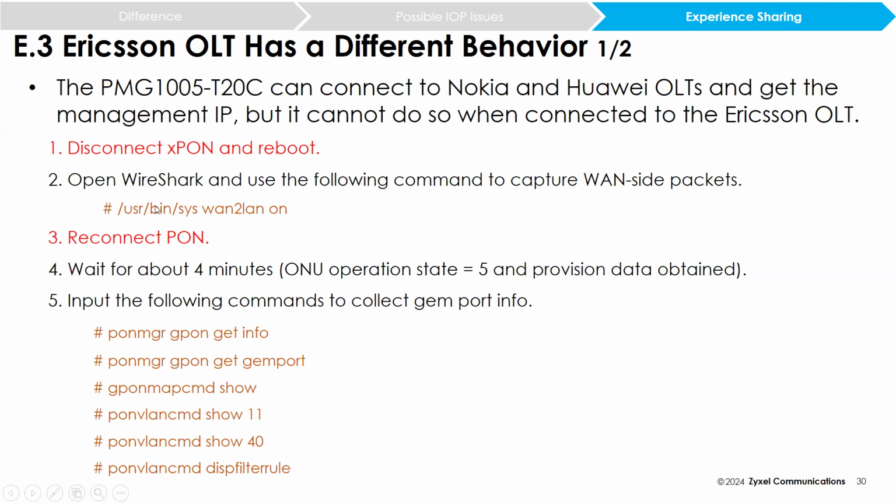Then we access the command line of the ONT devices and type this command. After that, we need to reconnect our ONT devices to the OLT again and wait for about 4 minutes to let the ONT devices dump the OMCI packet.